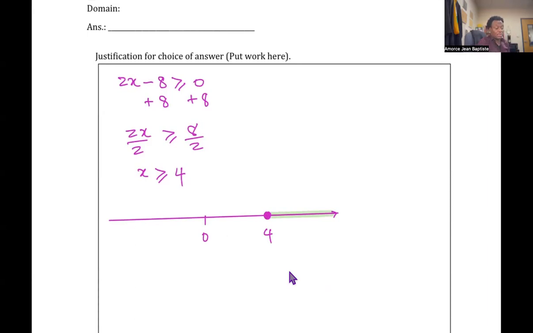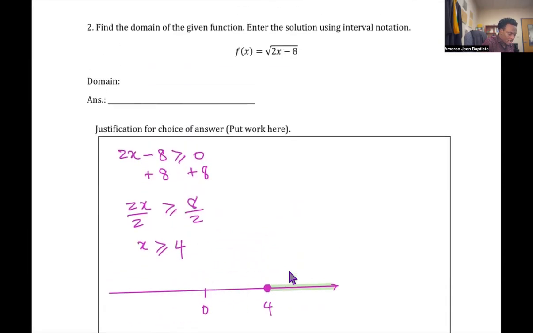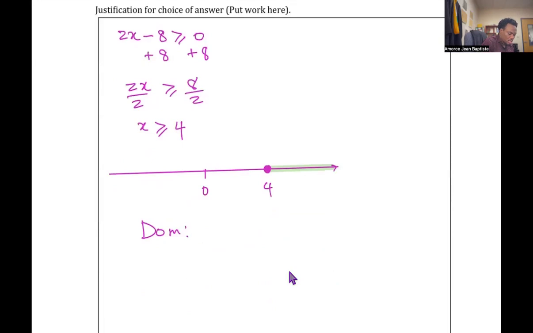Obviously, if you take anything on the other side of 4, it would make the expression inside of the radical negative, which you will not be able to evaluate if you want to stay in the set of real numbers. So the domain of f of x here is from 4 included to infinity.